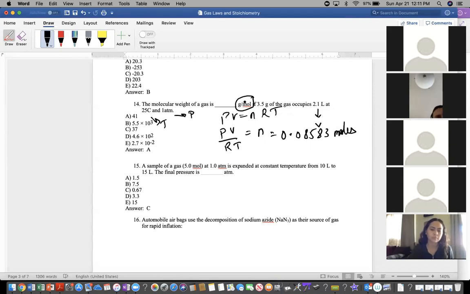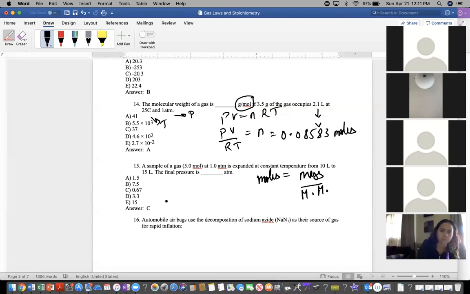But in case you're not given that and you don't remember the units for molar mass, then do it this way. You remember that moles is equal to mass over molar mass? We did talk about it once in class.